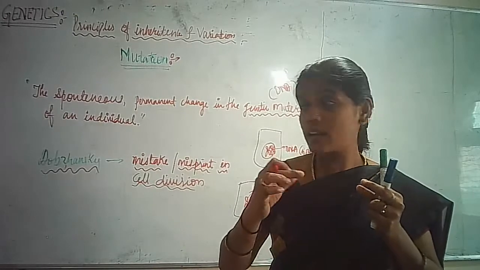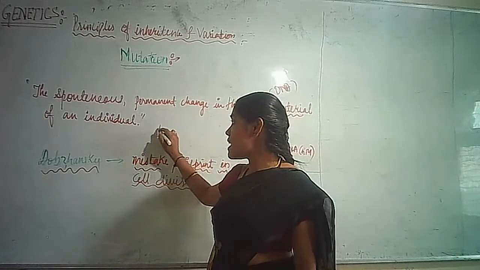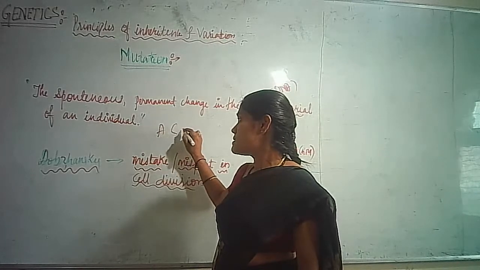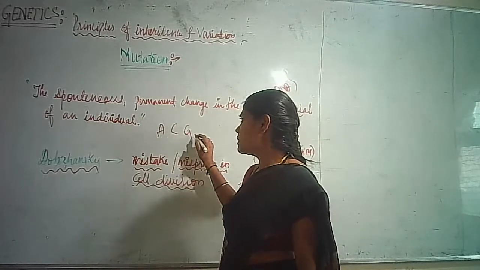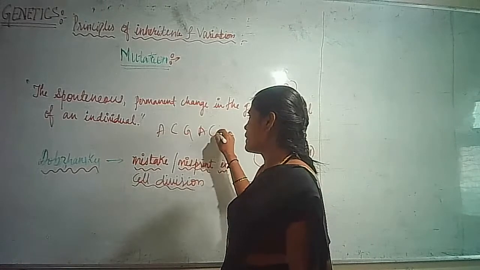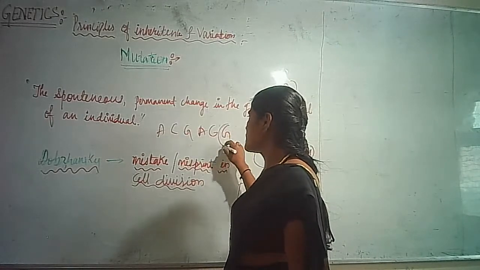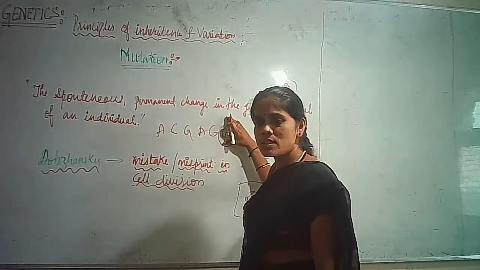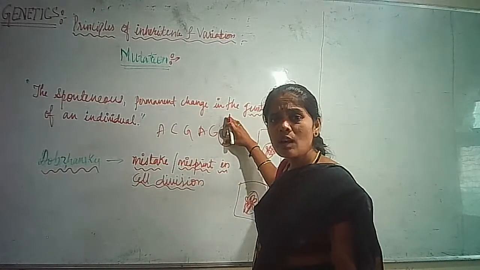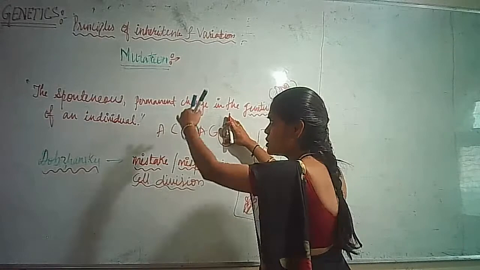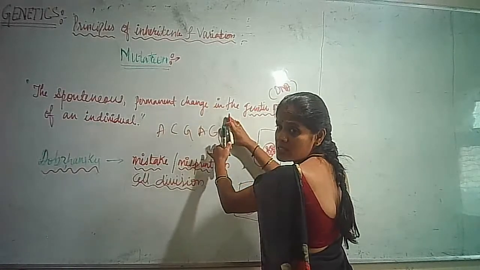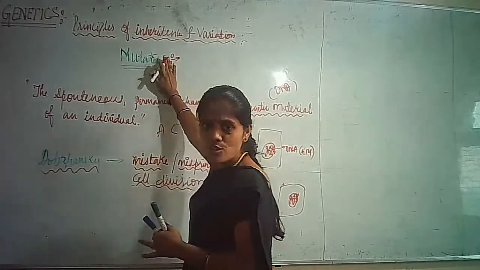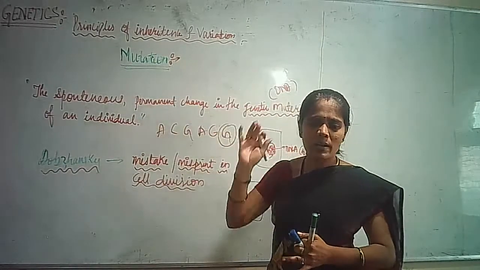Suppose the DNA has the sequence A, C, G, continuously like this. If there is a mistake here, say instead of G it is C once again, then there is a misprint here. Because of that, the original DNA will differ from this DNA. That I can call mutation. Understood about mutation, my dear students?